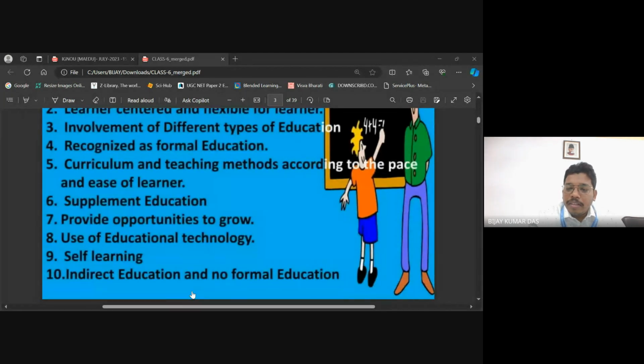They are getting it directly by sitting at home, writing assignments, reporting it, and certain physical exams they have to face, and no formal schooling is there.